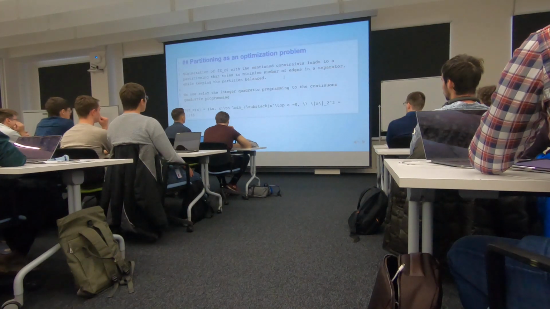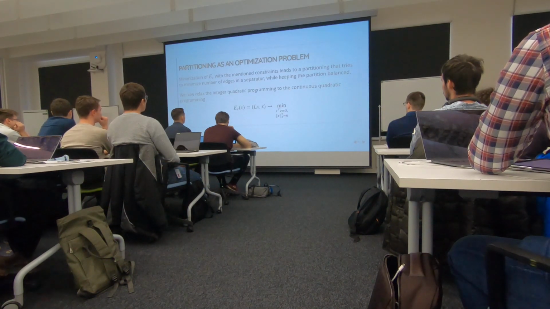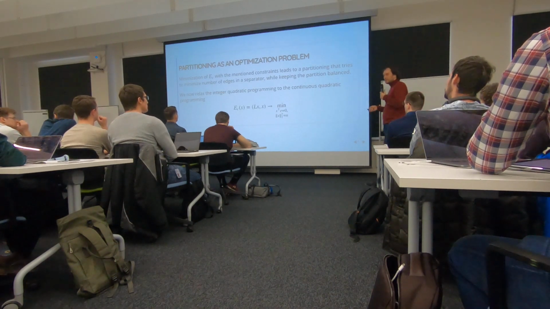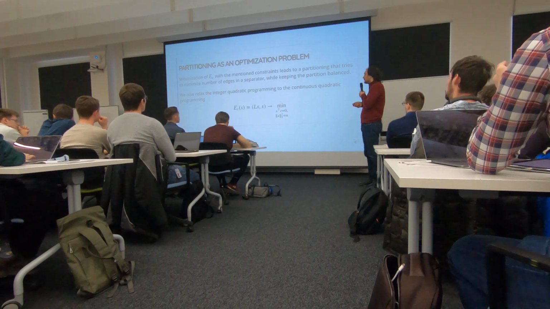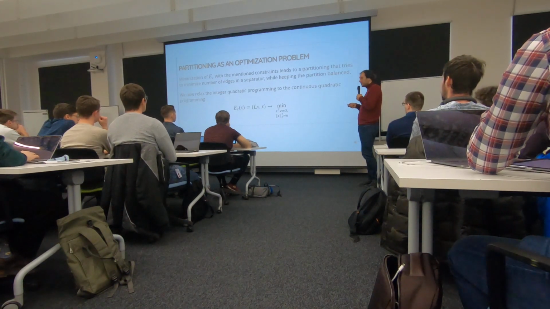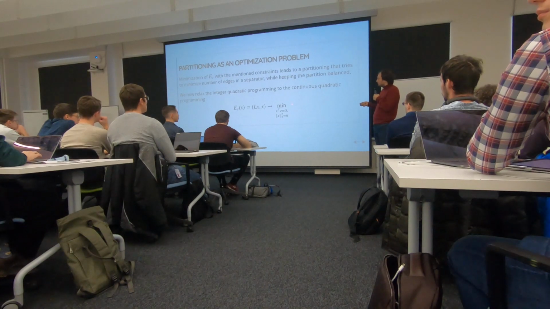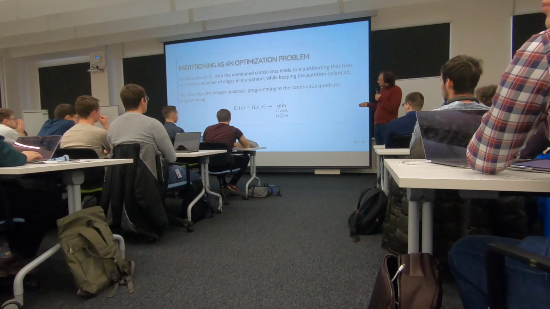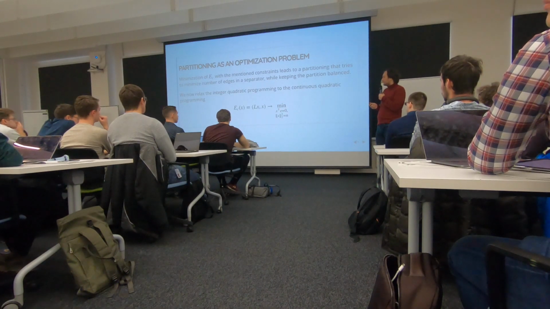So, solving integer programming is a difficult task, but what we do is relax this. Instead of minimizing over plus minus 1 vectors, we minimize over the whole sphere with the constraint that we are orthogonal to the vector of all ones.